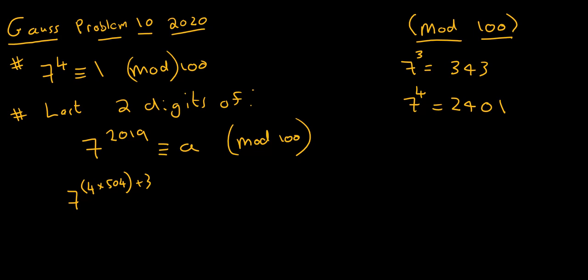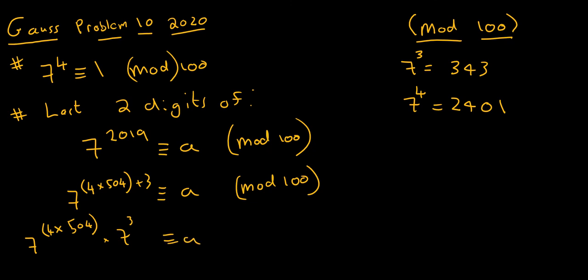We need to add on 3. Okay, getting very close to the answer. So by rules of indices, we can write this: 7 to the 4, to the 504, times 7 to the 3, is congruent to a mod 100.